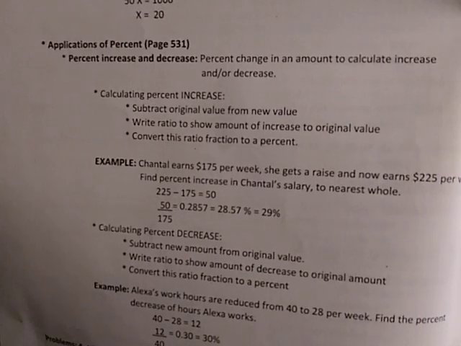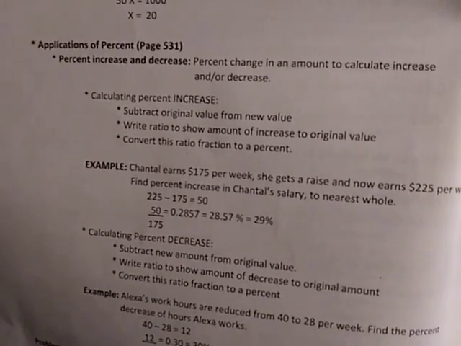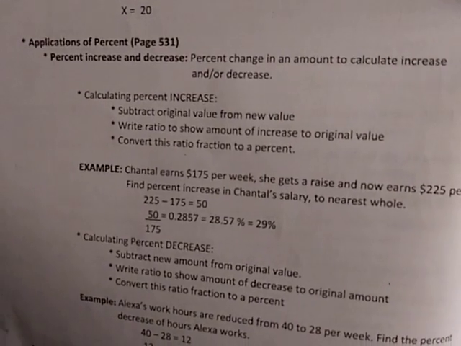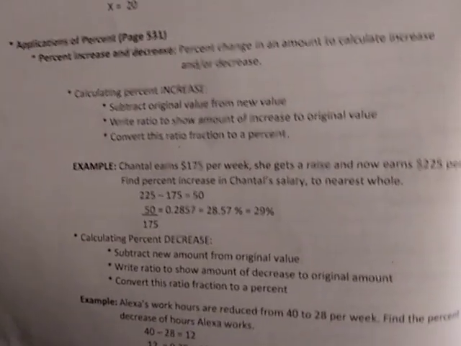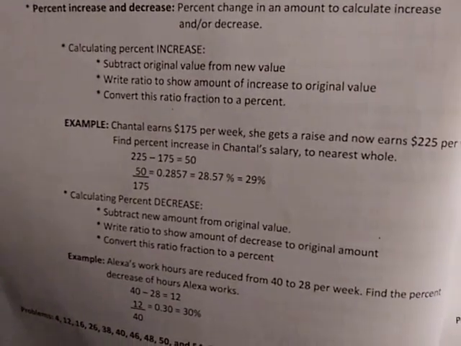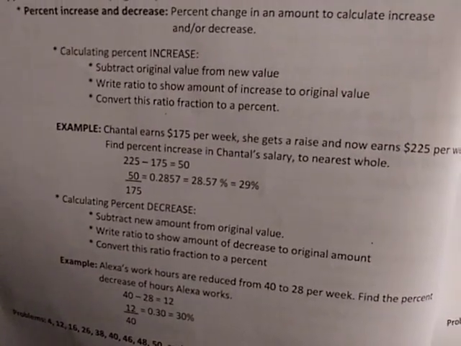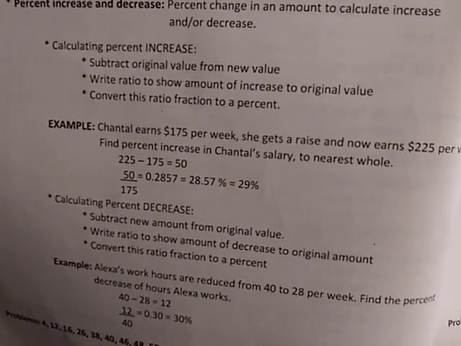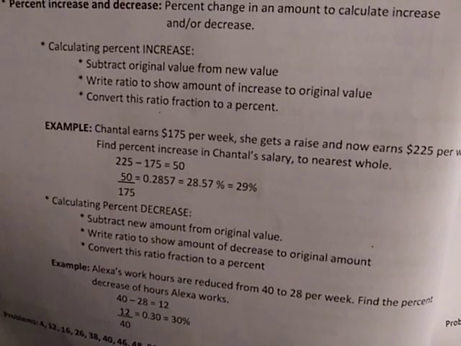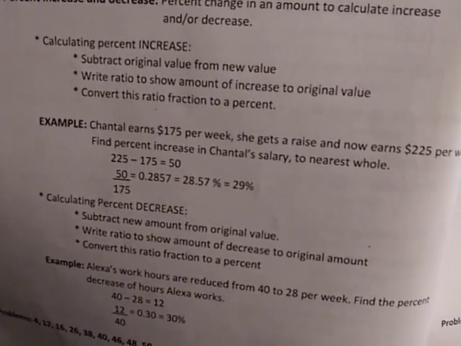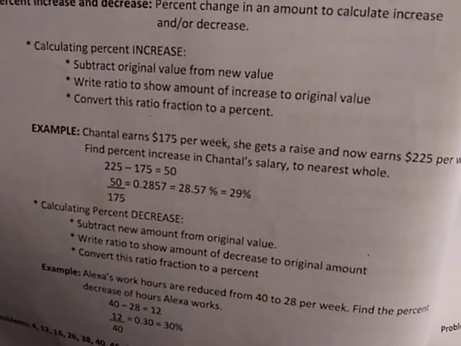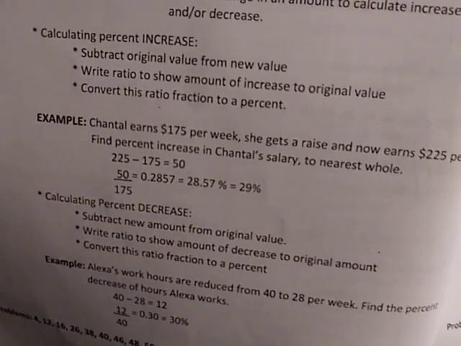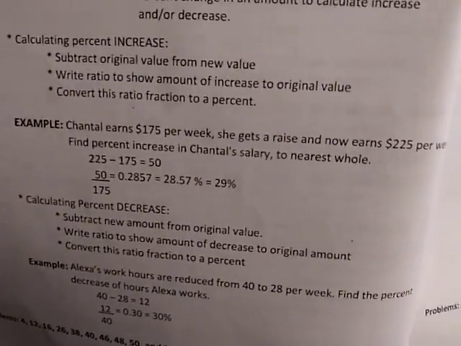Now, the percent increase and decrease is the percent change in an amount to determine what value went up or what value decreased. The rules in calculating the percent increase: subtract the original value from the new value. You're going to write a ratio to show the amount of increase to the original value. And then you're going to convert this ratio fraction to a percent. Okay, what do you mean by that?